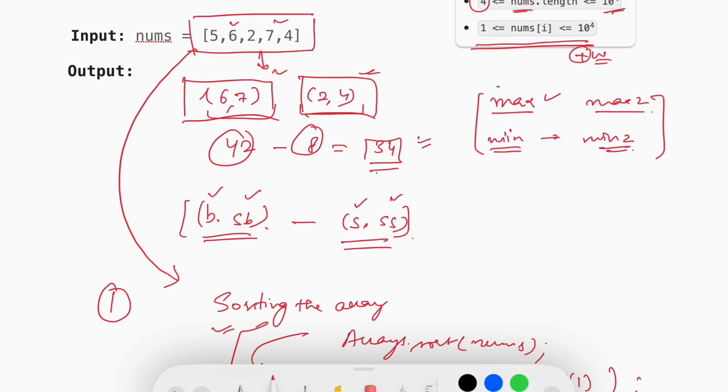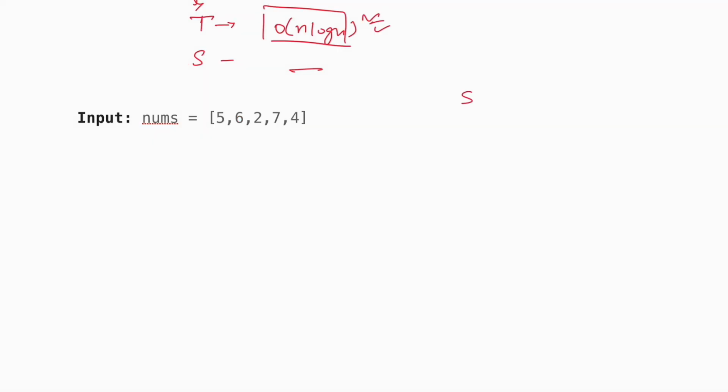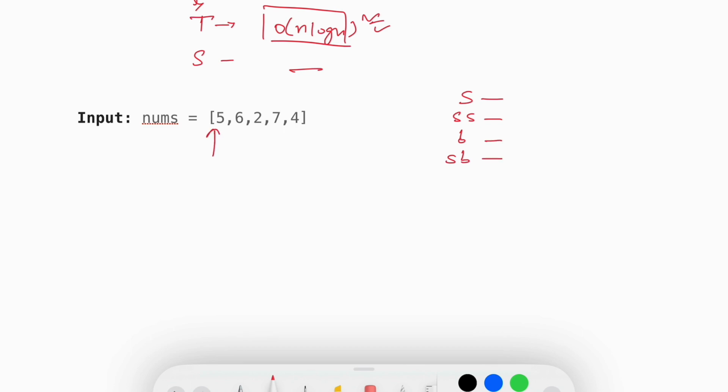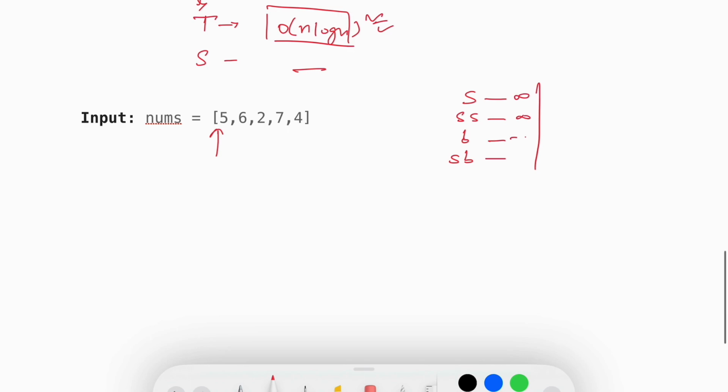I think we can capture these while iterating through the array. We can initialize four variables: smallest, second smallest, biggest, second biggest, and iterate over the array. Before the first iteration, let's keep smallest as plus infinity, second smallest as plus infinity, biggest as minus infinity, second biggest as minus infinity. In the first iteration, we have 5 at the current index.